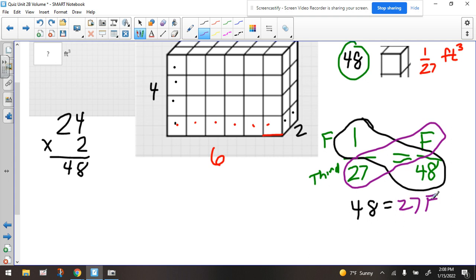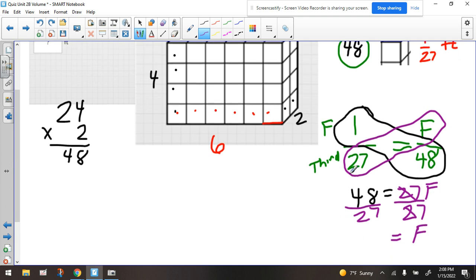The opposite of multiplying a variable by 27 would be to divide by 27. This would simplify to be 1, and 1 times f would be f, which, by the way, I'm using f to represent full unit cubes or full foot cubes. So this really means 48 divided by 27. So we can do the 48 divided by 27.